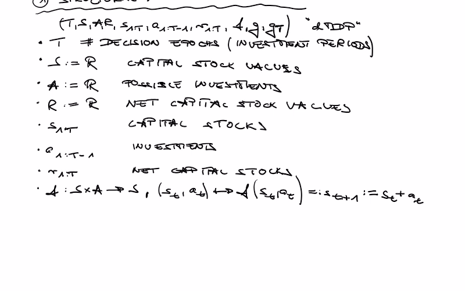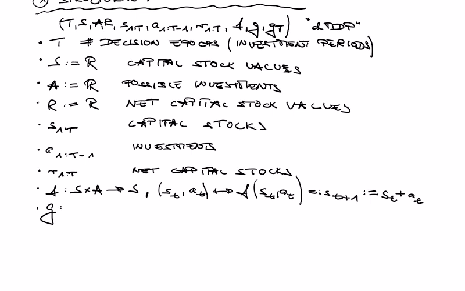So that was the idea that when the company makes an investment, in the next decision epoch it gains everything that it has invested. So highly successful investment. That was our transition function.